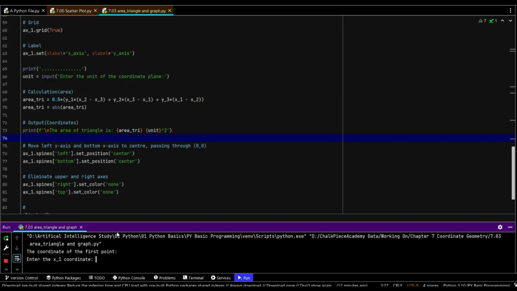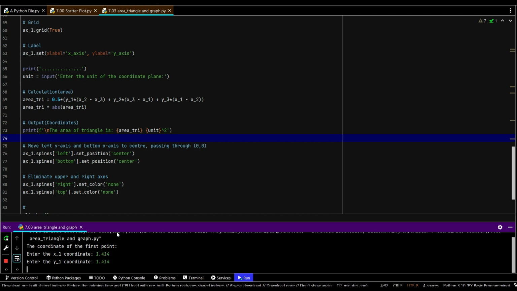So we have 1.414 and again 1.414. Then we have minus 1.414 and minus 1.414. And then we have minus 2.5 and 2.5. And that is unit.